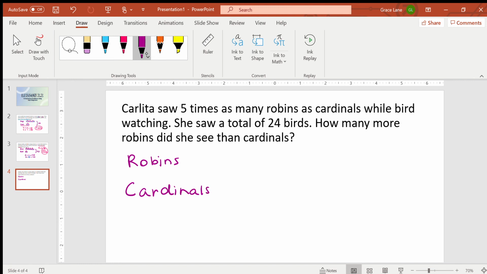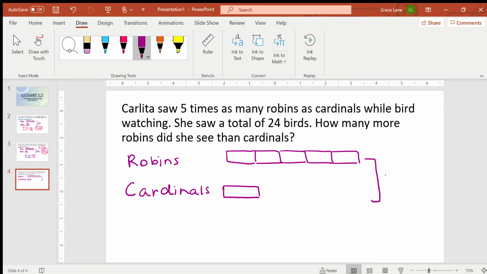She saw 5 times as many robins, so that's going to be 5 boxes. One box for cardinals. I saw a total of 24 birds. All together, this is equaling 24.